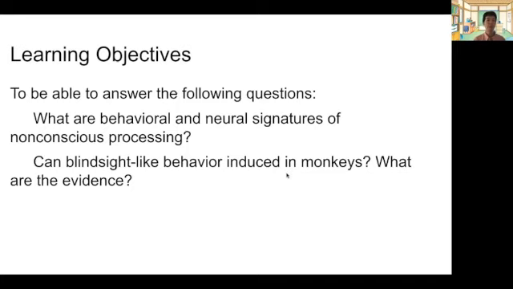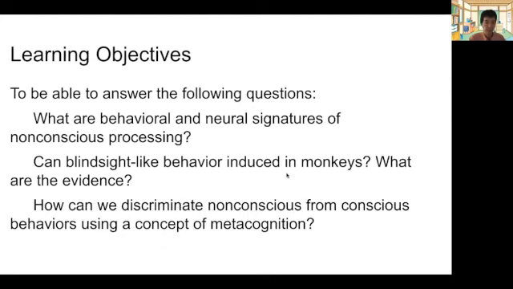There, the experiments are much more carefully controlled, and we can do more interesting experiments and also understand better. So we'll discuss the evidence of blindsight behavior in monkeys. And then after establishing the difference between standard non-conscious behavior and blindsight behavior, and also confirming that blindsight is a reliable, replicable behavior, we go to this.